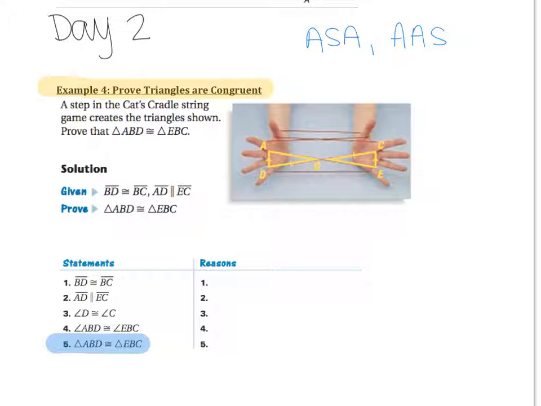All right, so once again, we look at our givens, and we have these two statements. So our reasons are given.